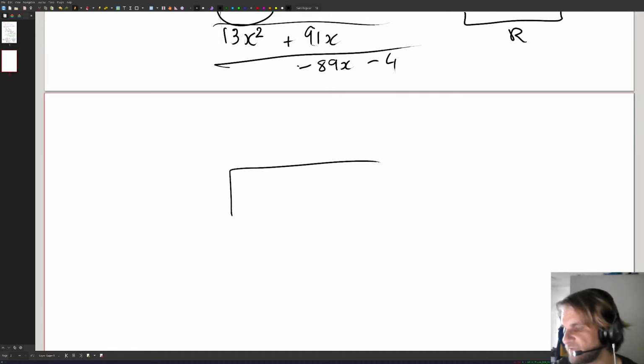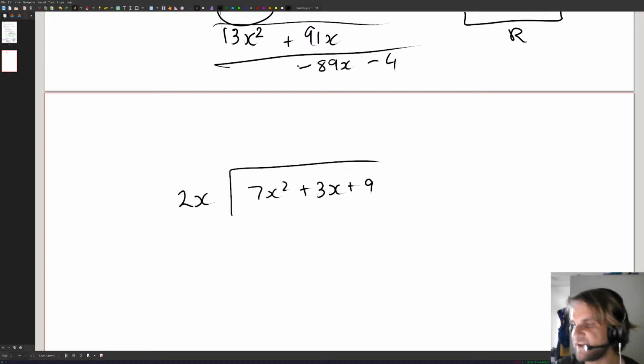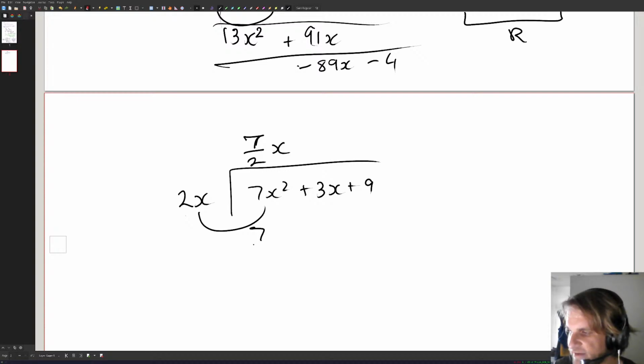So if I wanted to divide 7x squared plus 3x plus 9 or something by 2x, the procedure is I try to get these first terms to match up. So I'd have to multiply by 7 over 2x, so that I get a 7x squared that I can subtract.